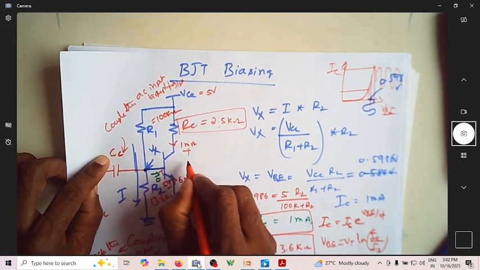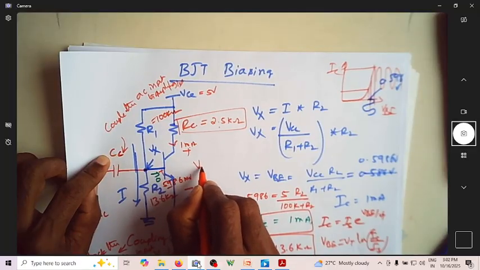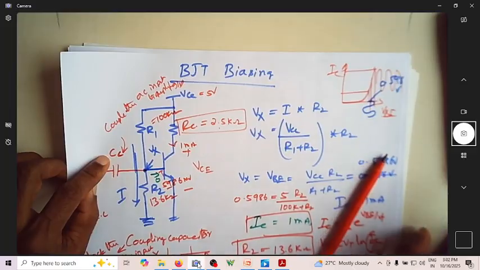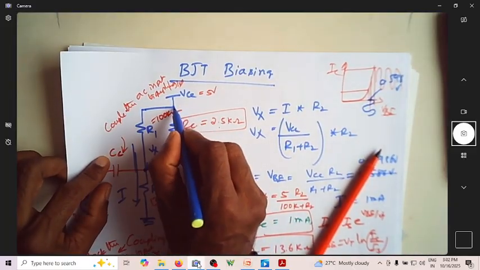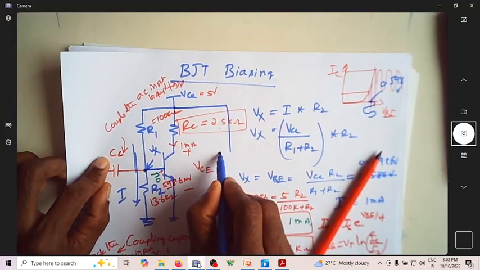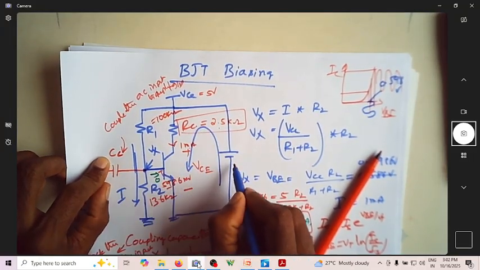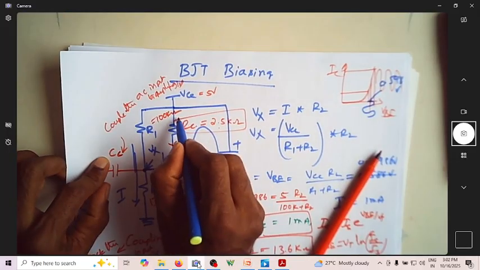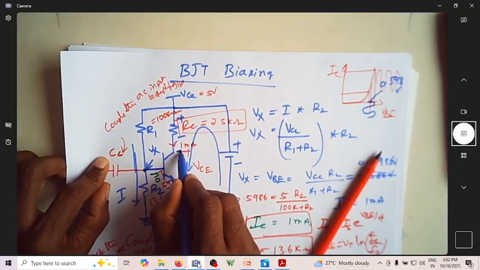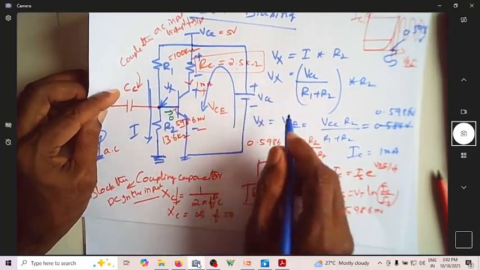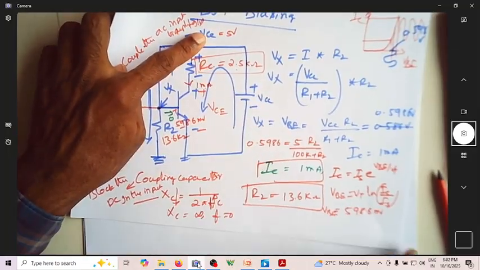This is plus minus, which is VCE. I can write a KVL expression for this. Instead of writing VCC here, I can write a battery here.